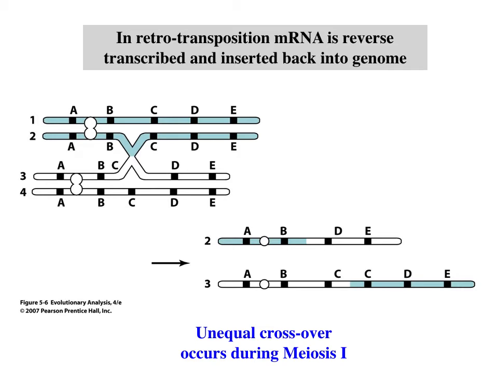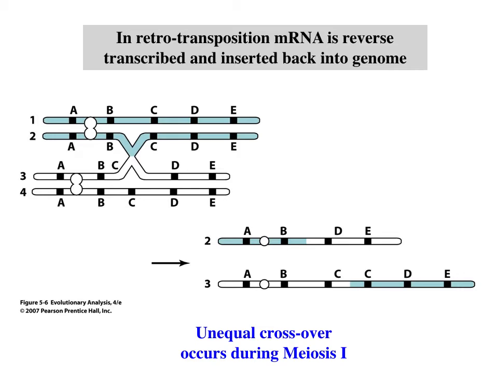You see on the bottom frame there the chromosomes that eventually result, the four haploid cells that result during meiosis. In this, where you see the number 2, number 2 has an underrepresentation of the genes. It does not contain a C gene.